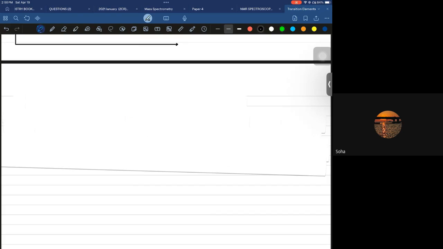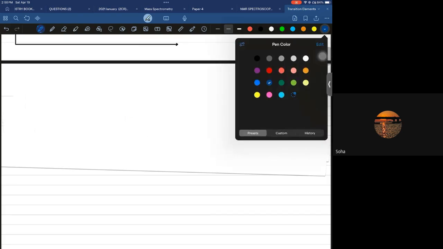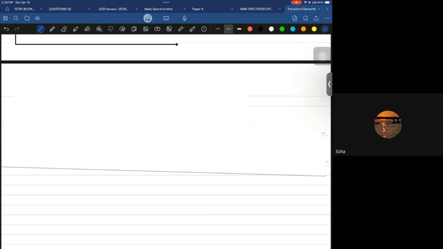You can see that we have a reaction in which S2O8 2 minus is going to react with 2I minus to form 2SO4 2 minus and I2.